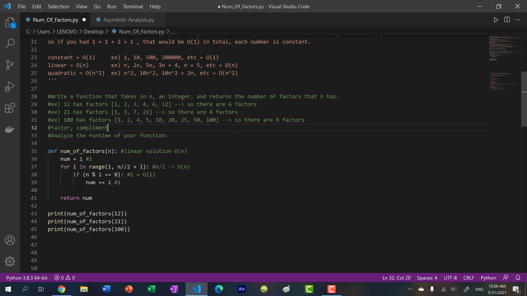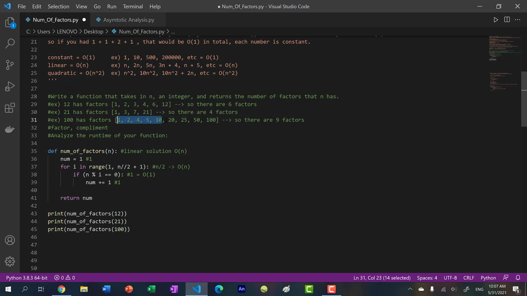So therefore, when we're going through each number and checking to see if it's divisible by this number, if n is divisible by 1, we know that n is also divisible by another number. So in this case, we have 1 and 100, 2 and 50, 4 and 25, 5 and 20, and then we have 10 and 10. We can pretty much stop at 10, right?